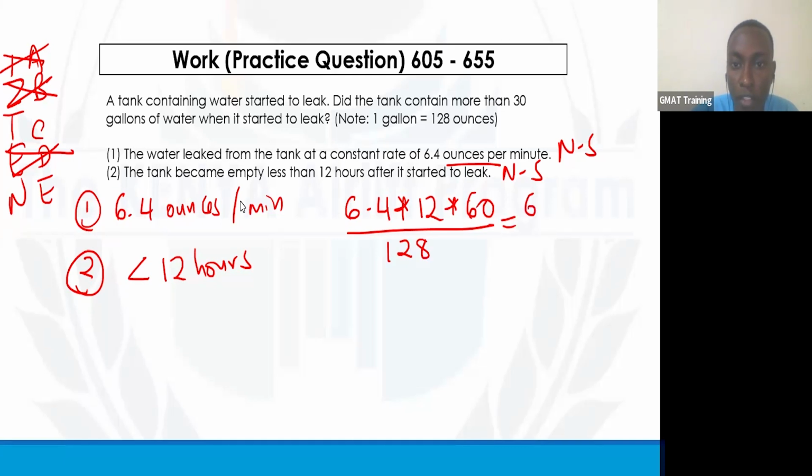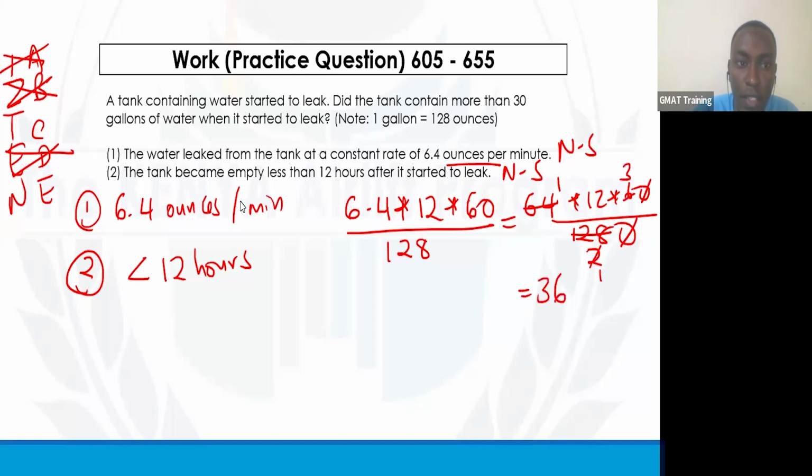So you can have 64 times 12 times 60 all over 1280 because of the decimal place. So cancel out a factor of 10, 64 by 2, 1, by 2, 3. So this gives us 36 gallons. So the tank contained less than 36 gallons, but 35 gallons is more than the 30 gallons.